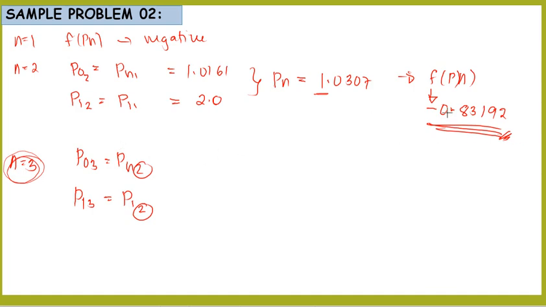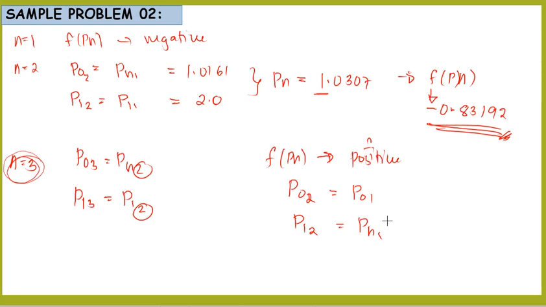So, uulitin ko na naman, pag yung function natin of Pn is positive, yung magiging P0 natin is equal to P0 and then yung P1 natin is equal to Pn.